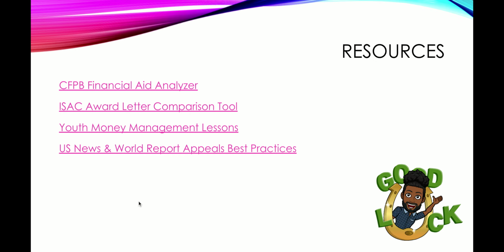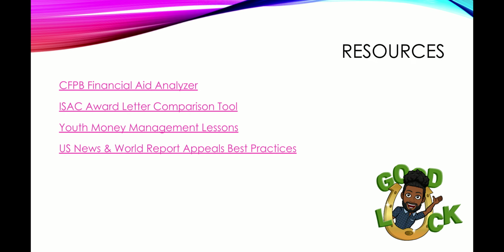There's also ISAC. We love ISAC and work a lot with the Illinois Student Assistance Commission. They have an award letter comparison tool. It's a great online tool where it asks you different questions about the direct expenses, indirect expenses, and the aid, be it loans, work study, grants, scholarships, etc.